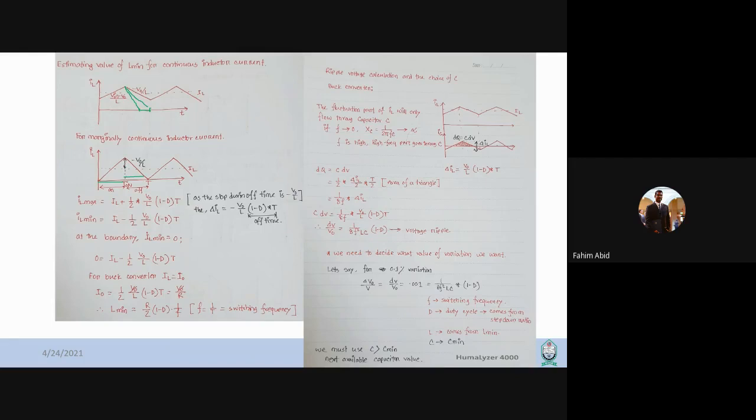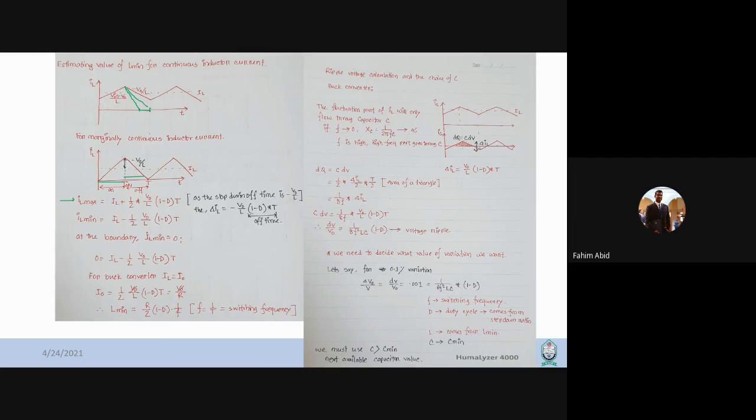And if you take half of it and add it to your DC part, then you will get the IL max, which is basically IL plus half of V out divided by L, because this is the slope, and 1 minus D multiplied by T.